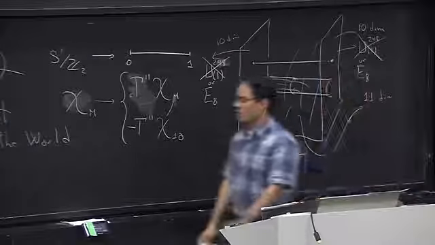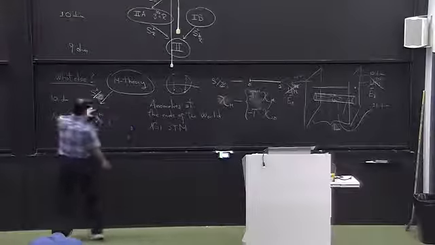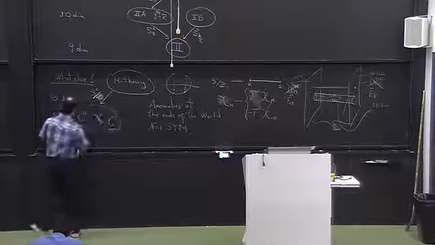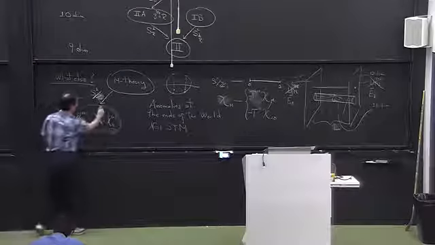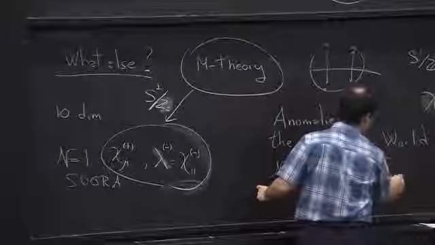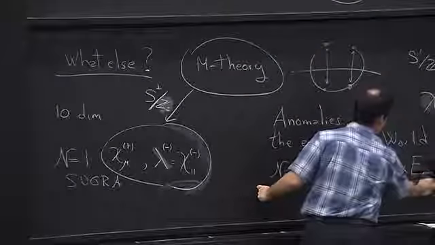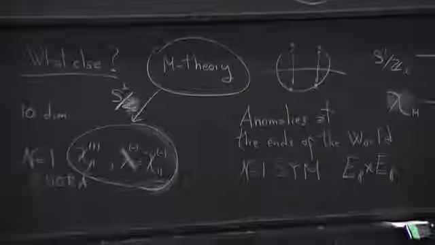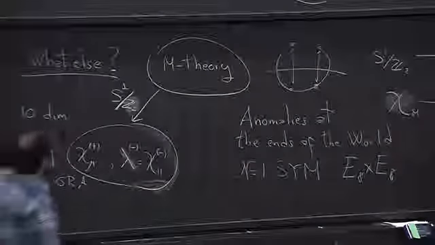Okay, so those were not possibilities. So whatever this mysterious theory was, it would have to be an n equals 1 supergravity theory, as we said here, and it would also have to have an E8 cross E8 gauge group with n equals 1 supersymmetry. Okay?